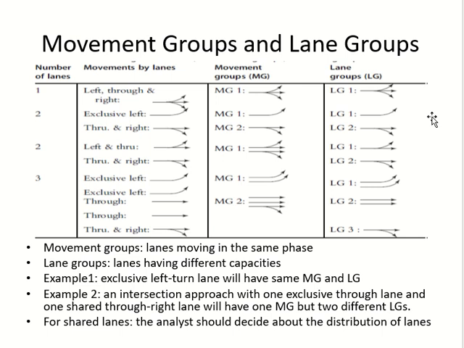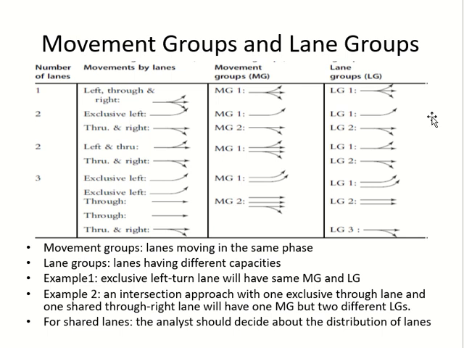It's not possible. So the movement group has a common movement. So you cannot separate them. Because of this common movement, they cannot be separated. So they have to be in the same group. Clear?